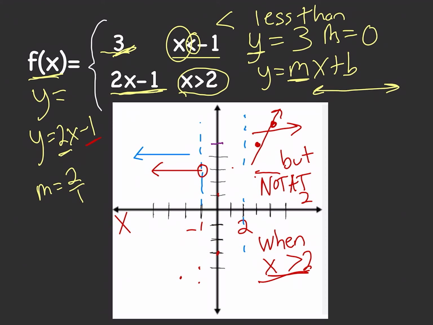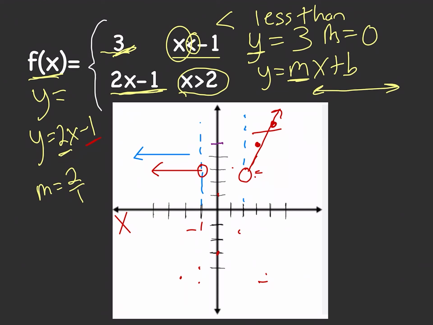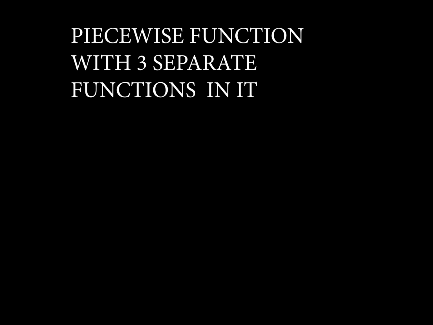So it's only going to be right here where I start off where x is 2, and then that line continues forever to the right. And that is my piecewise function. Let me clean this up, and that is the final piecewise function for the given function.